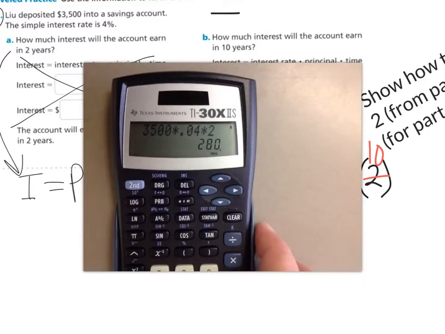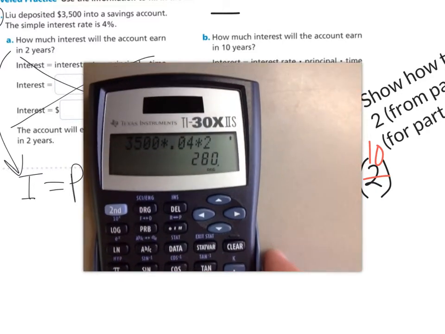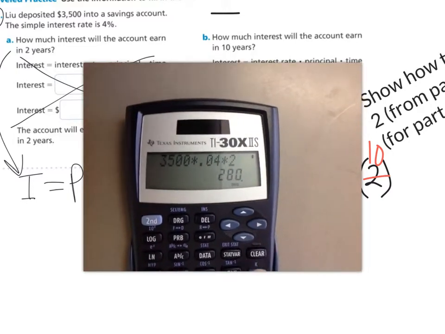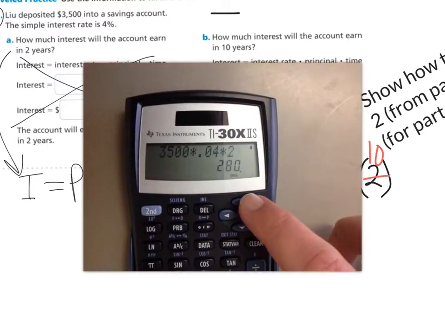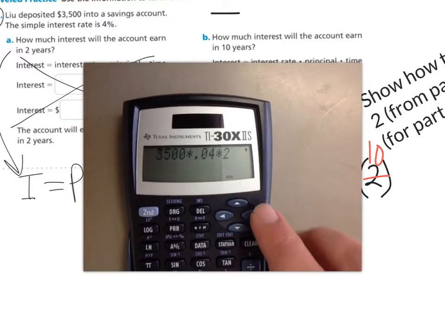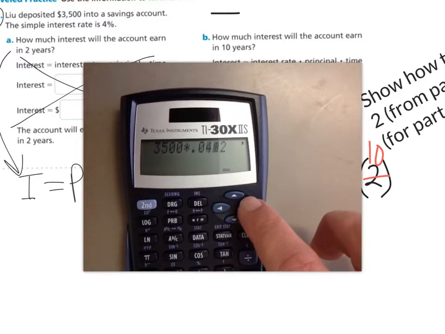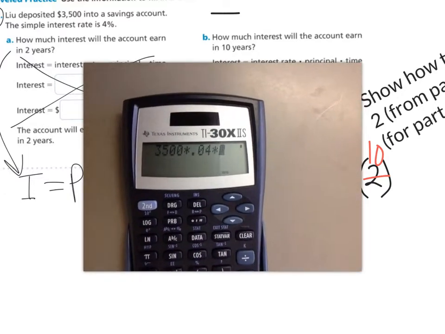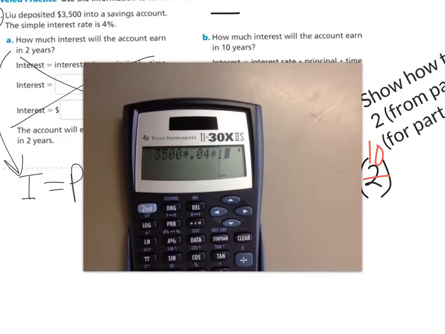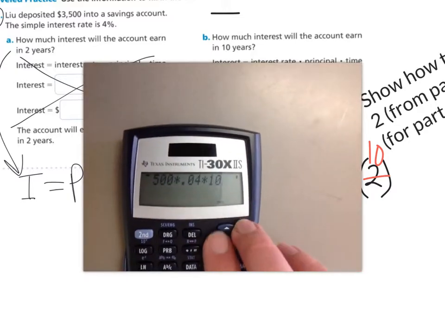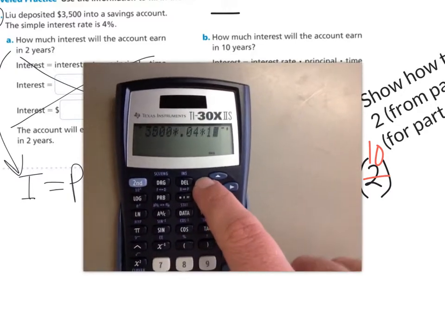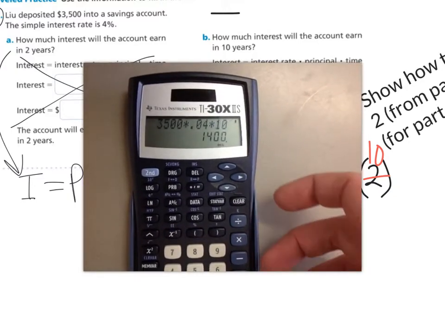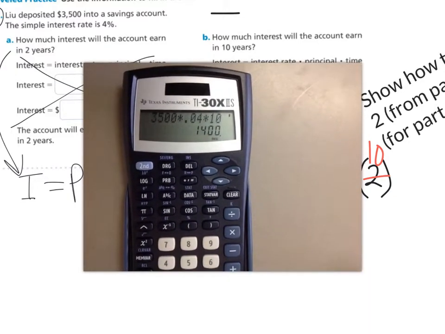So if you look on the calculator screen here, I've got that entered in from what we did on part A, and then again you can just press the up arrow and then arrow over until you get to the 2, and then you can type over the top of that if you want, is going to be 10. If you did that, that would be 1,400.